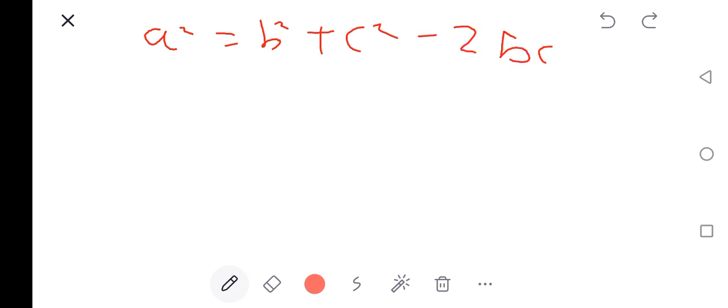We said there is the first formula, which is cosine. It is a squared equals b squared plus c squared minus 2bc cos A. If you remember very well, we said this formula can only be used if you have how many angles in a triangle?